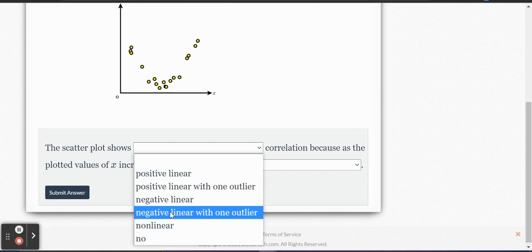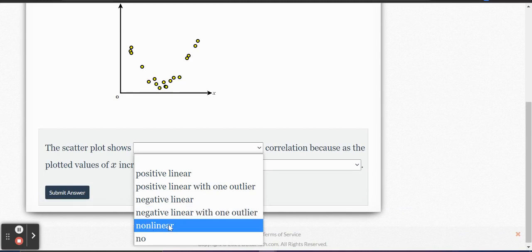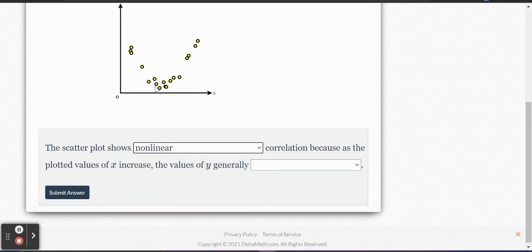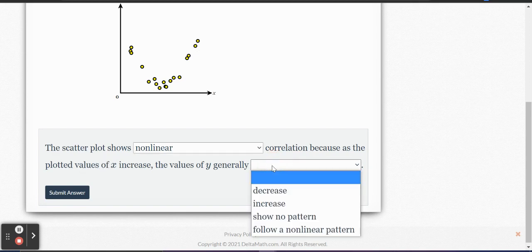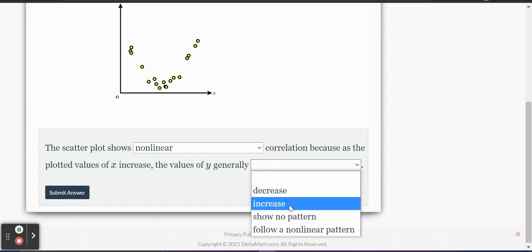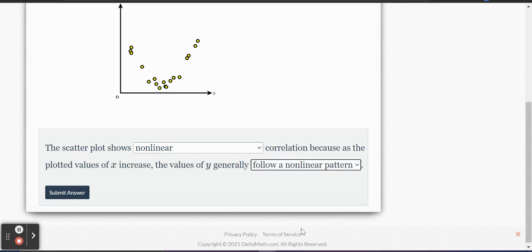I would say it's non-linear because it does show some sort of pattern. It's not no correlation because you can tell what the pattern's doing. It's going down then up. So it's non-linear because as the plotted values of x increase, the values of y generally follow a non-linear pattern. It's not no correlation because we can predict what's going on here. It's going down then up, and it's non-linear.